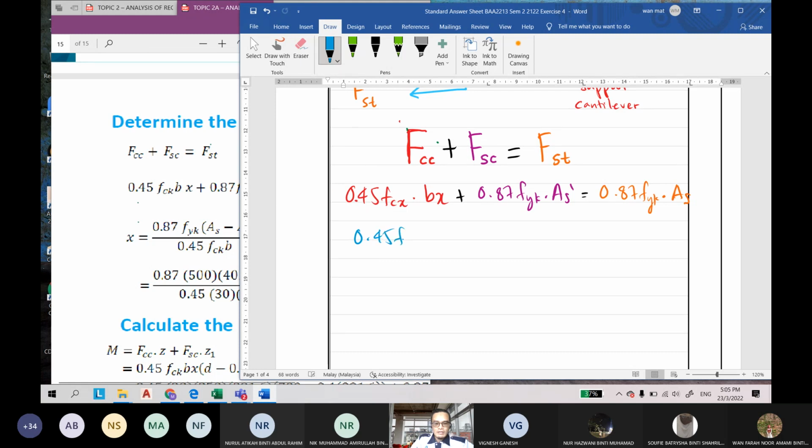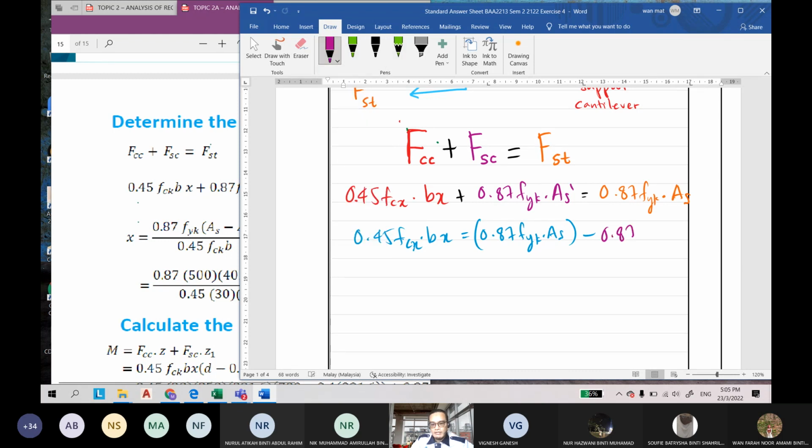This is how to derive the equation: x is equal to 0.87 fyk times As, minus this one.